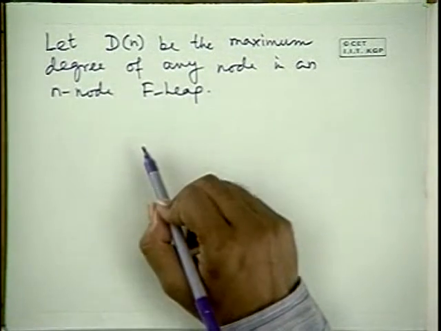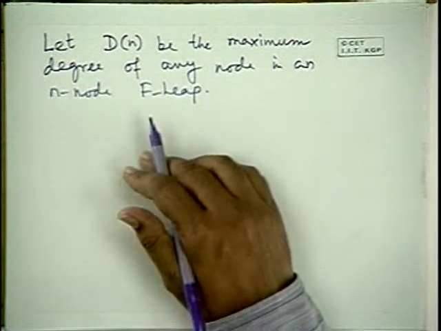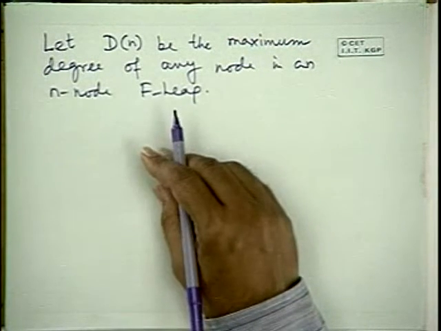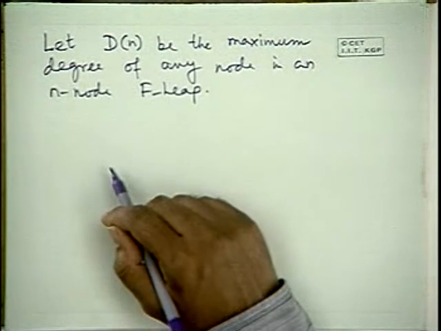Suppose we know the bound on Dn. Ultimately we will deduce a bound on Dn, the degree of any node in a Fibonacci heap after any operation. Suppose we know that it is, say, Dn.